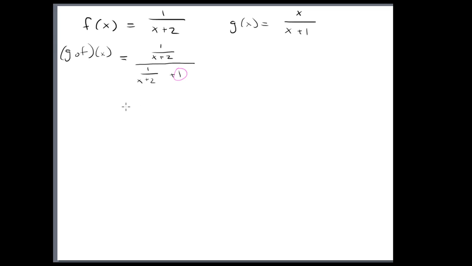I'm going to change 1 to be x plus 2 over x plus 2, because that way I can add it to 1 over x plus 2. This numerator adds together and gives me x plus 3.